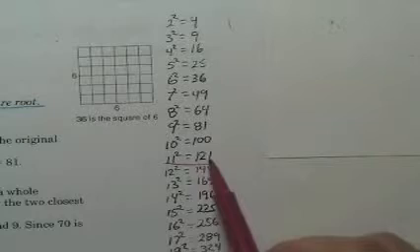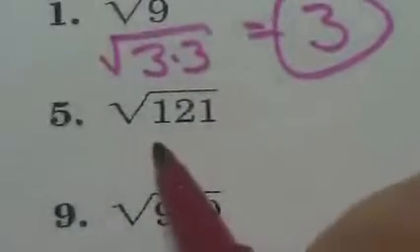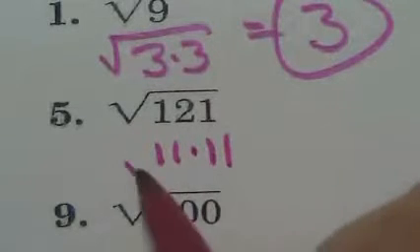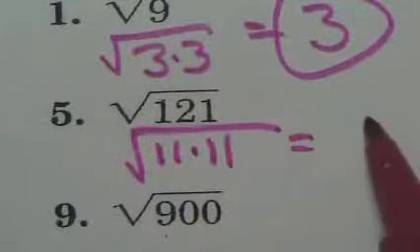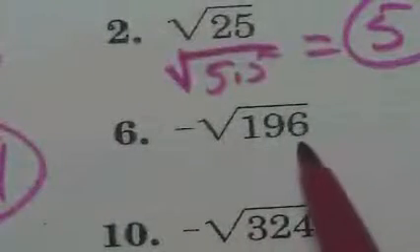There's 121, and that's 11 times 11. So that's there to help you. But most of you already know this. So 121, that's 11 times 11, which is 11. And that is it.